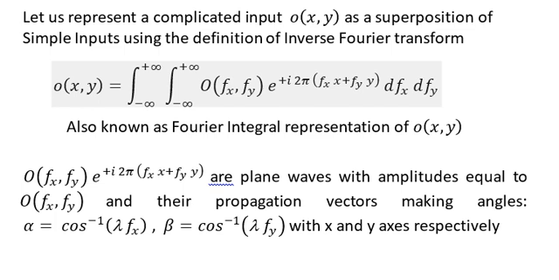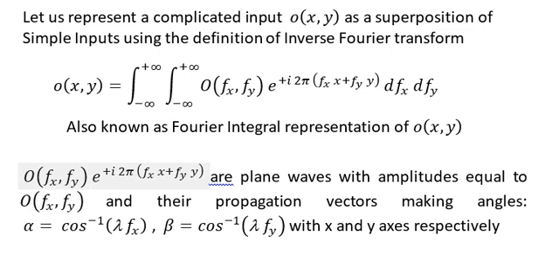So this O multiplied by this exponential factor are actually plane waves. You see that these are plane waves with the amplitudes equal to capital O, or you can say that capital O at fx and fy is the magnitude of the wave, providing the weighting factor for this wave.